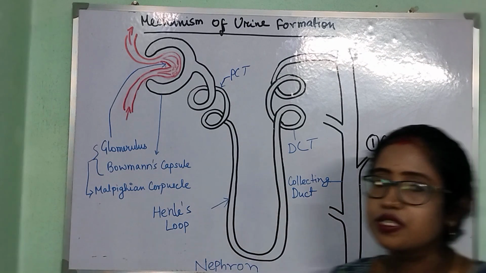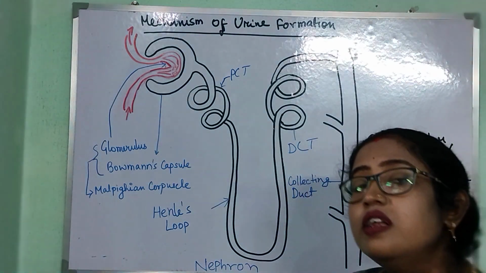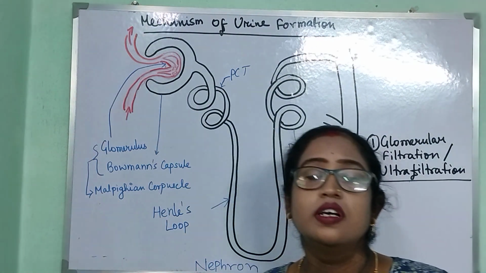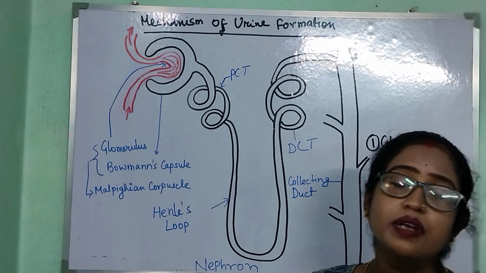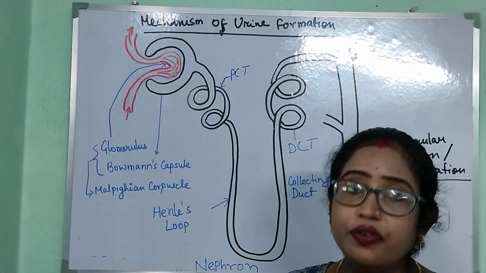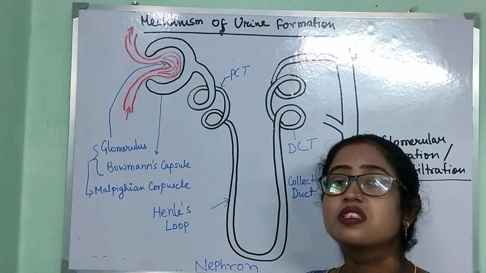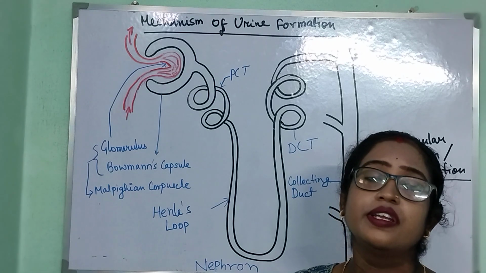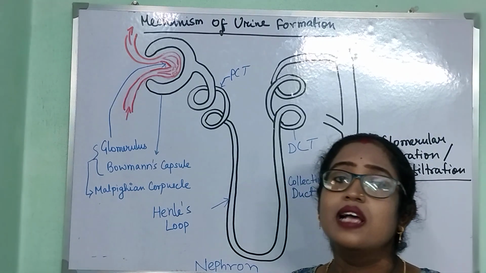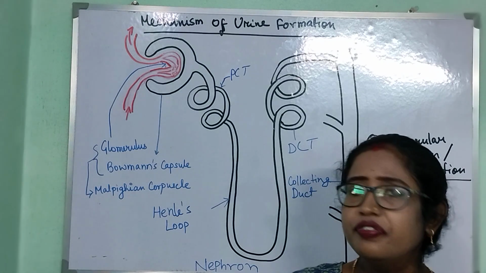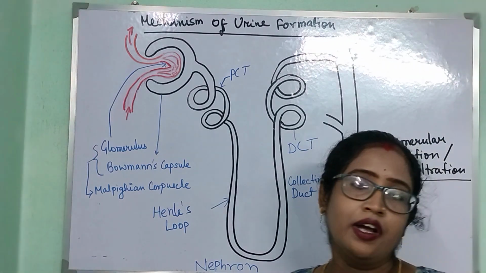What happens in this step is that the renal artery carries oxygenated blood, but this blood is not purified. This blood contains all the waste materials that are produced as byproducts of different reactions that occur in our body.